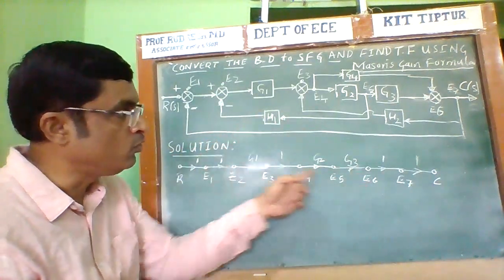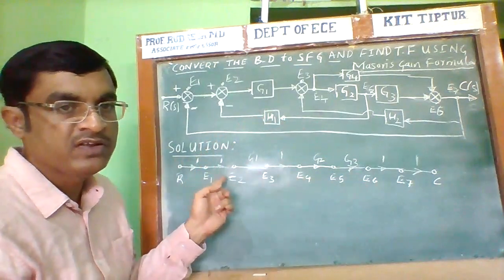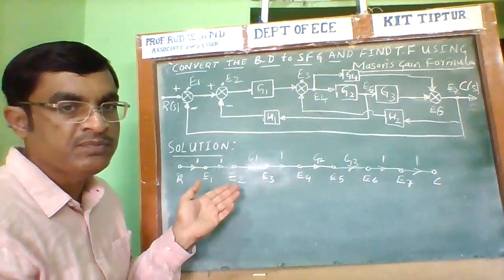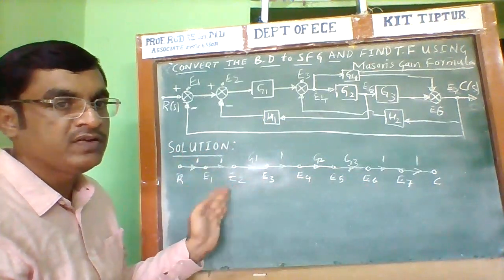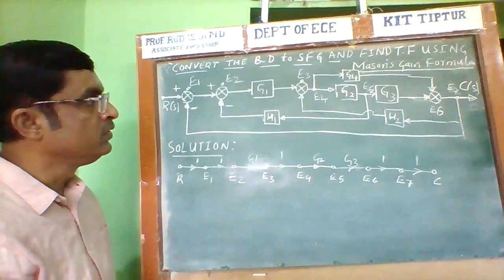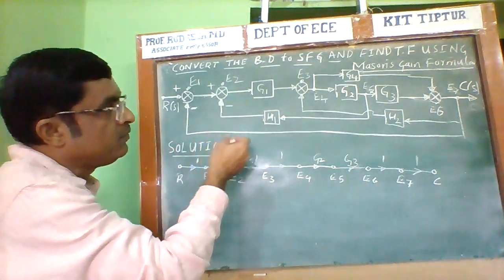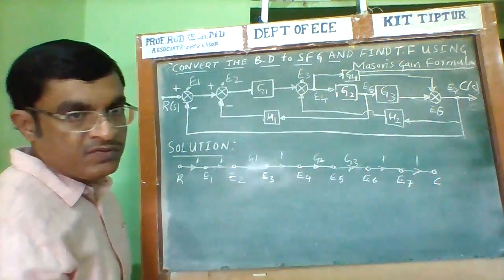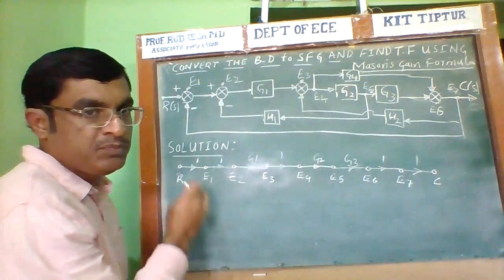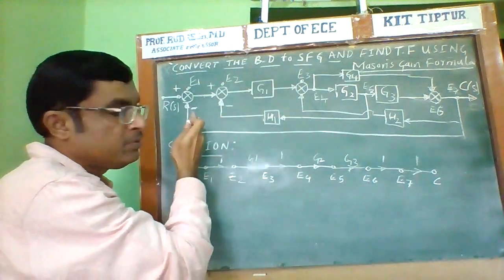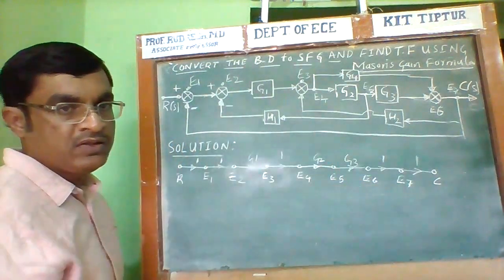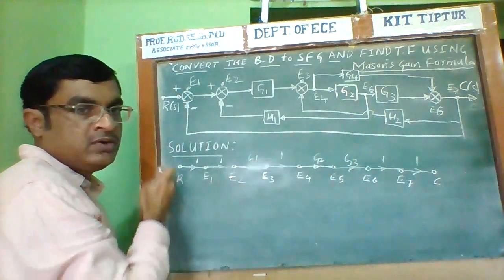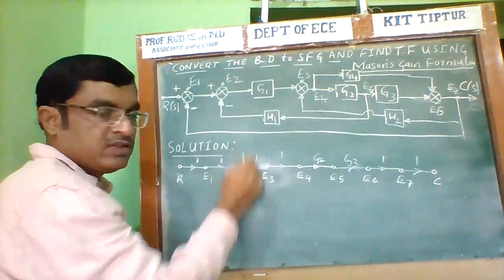A feed forward path is one where the signal goes from the input side to the output side. A signal coming from the output side to the input side is called a feedback signal.